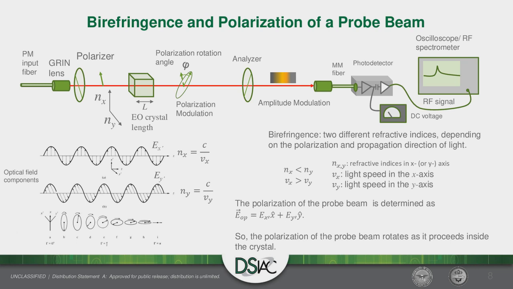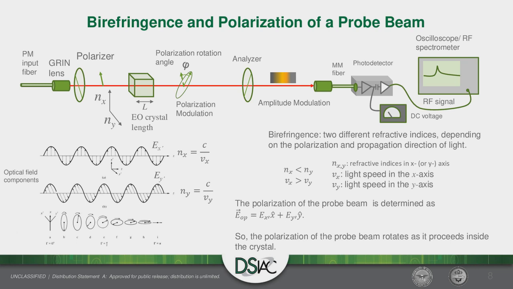So because there is a phase difference, when you combine them, the beam goes from linearly polarized to elliptical polarization, circular polarization, then elliptical polarization, then eventually linearly polarized again. In other words, this linearly polarized beam goes through the crystal and the polarization state changes.